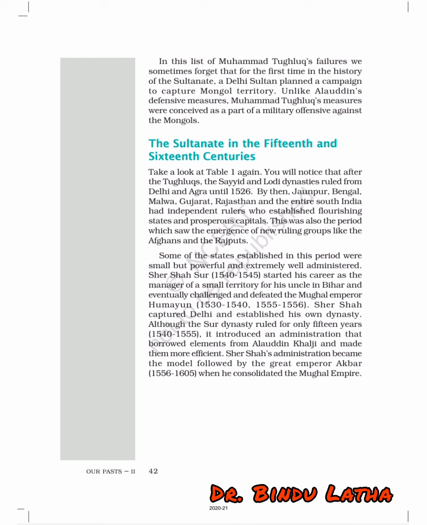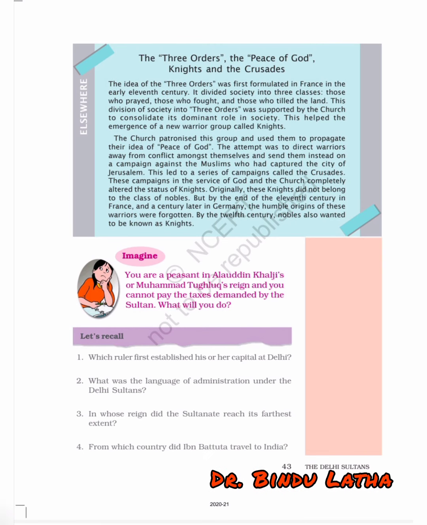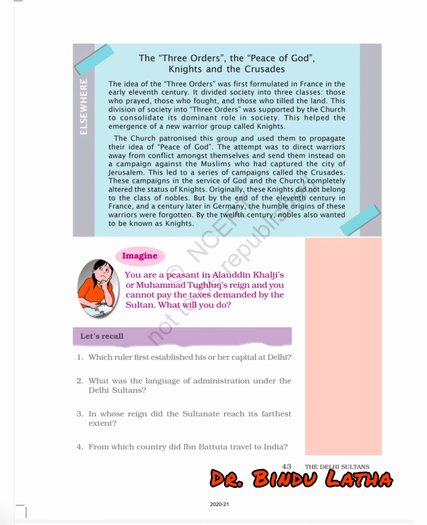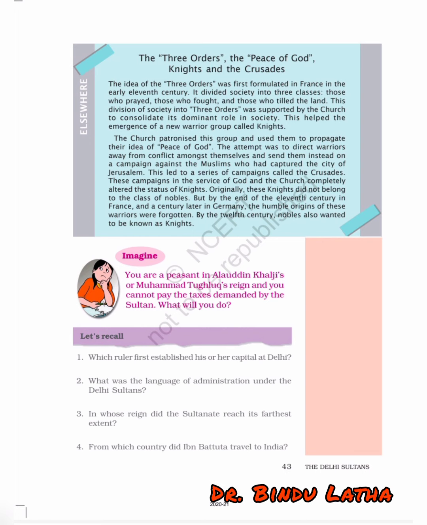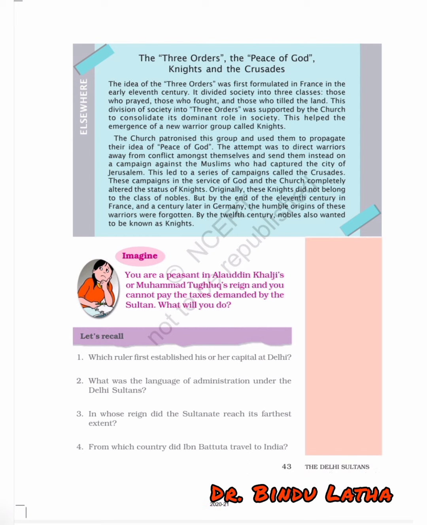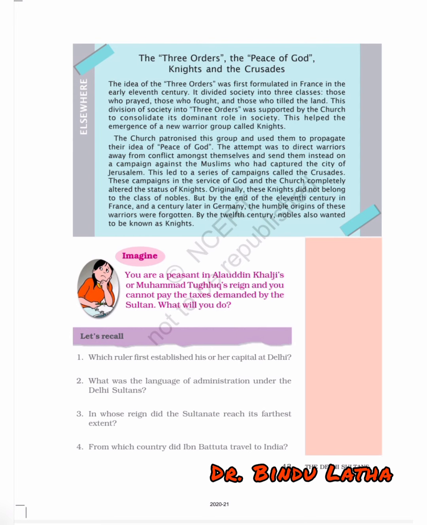One section of society is for praying only, the next section is for fighting, and the third is for tilling the land. Praying means priests, fighting means the military, and tilling the land means the cultivators or producers.